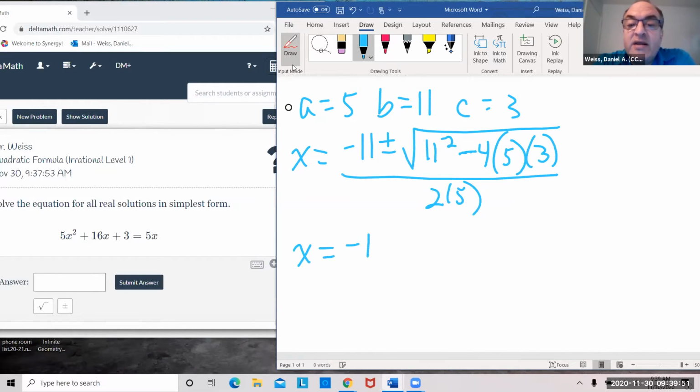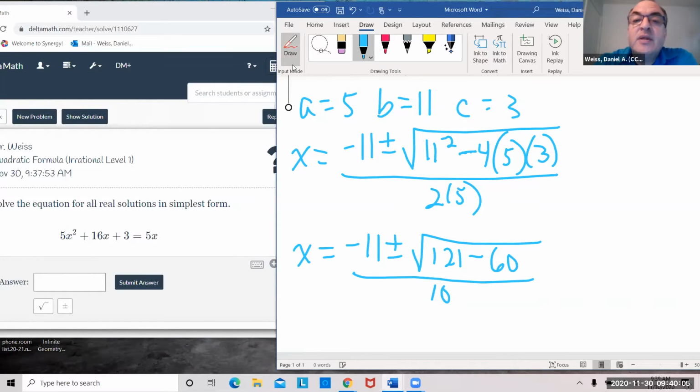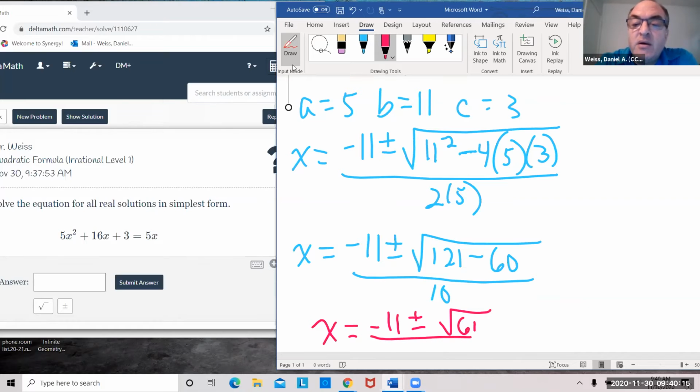Simplify. Negative 11 plus or minus square root 121 minus 4 times 5 is 20 times 3 is 60, all over 10. X equals negative 11 plus or minus square root 61 all over 10.